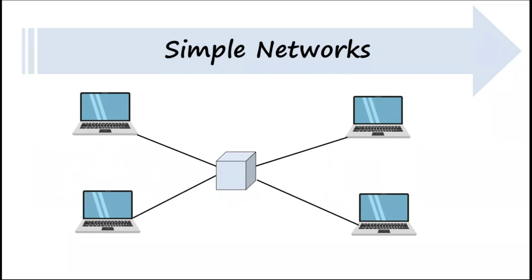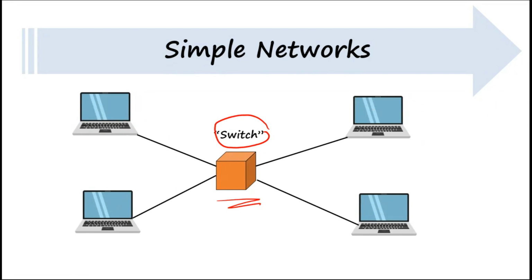So just like this is our intermediary machine. In small networks like this, suppose with four computers, this machine is called a switch. So remember this term. In a small network like your home network, this particular intermediary machine, the intermediate between all the computers, is called a switch.